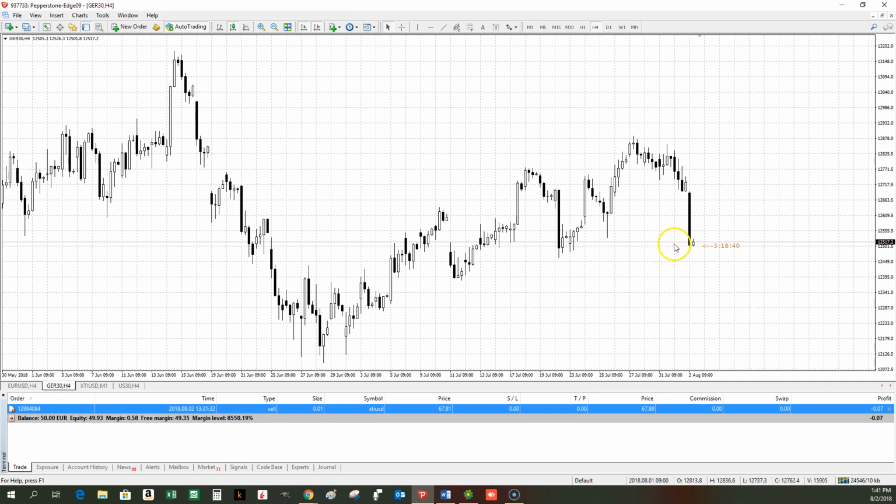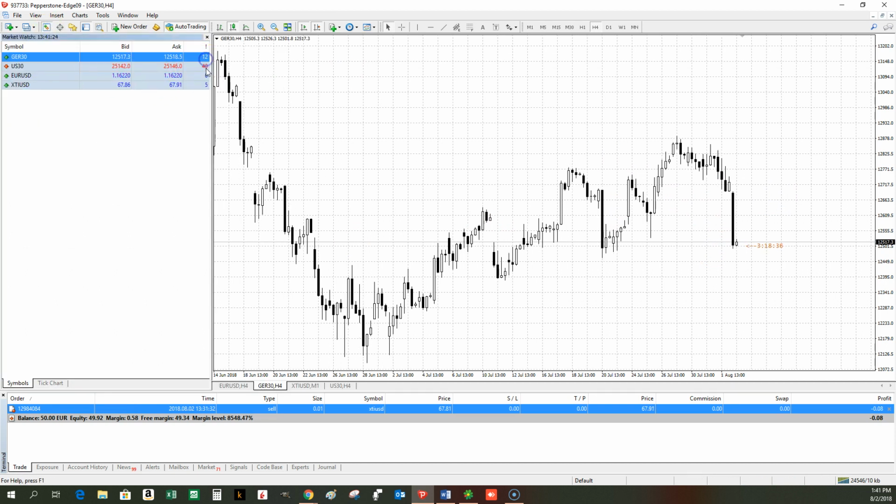Germany is great. Why is the DAX great? Because first of all, the spread at Pepperstone is very, very small. On the Razor account that you have on Pepperstone, you've got between 10 to 12 micro pips.